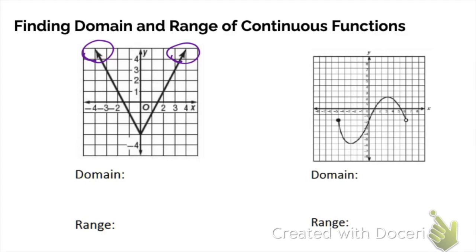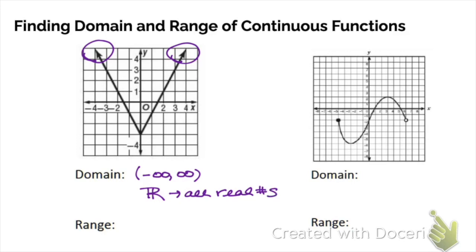So we would say that this graph is going from -infinity to +infinity. And then we also could write this as all real numbers. So if you haven't seen that notation before, that's just another way to say all real numbers.